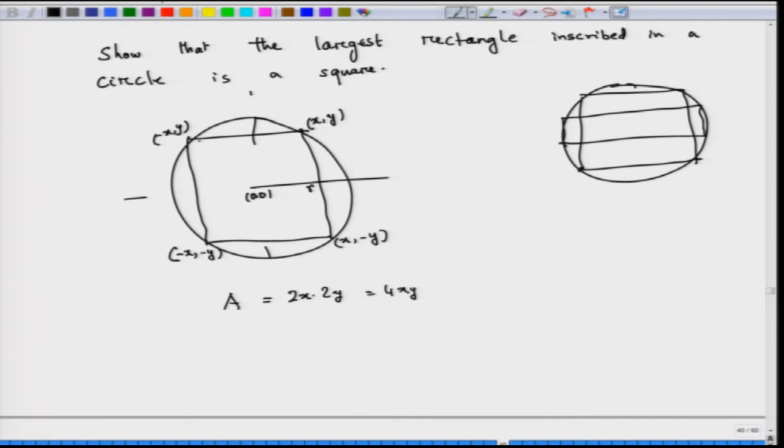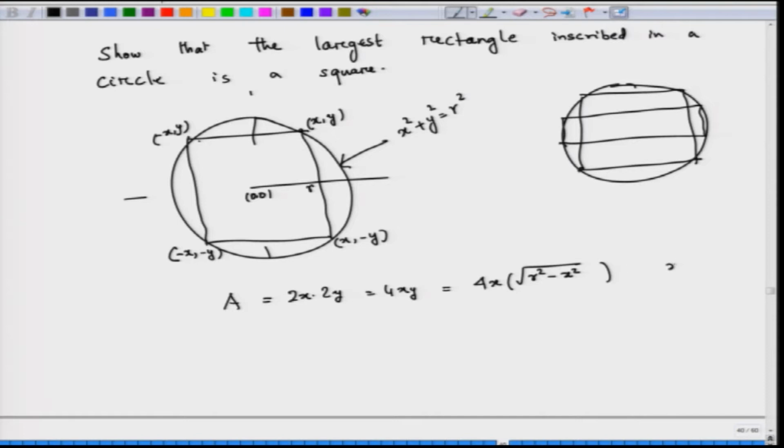Now, this point x, y is on the circle. So, x, y will satisfy the circle equation x square plus y square is equal to r square, for some positive r. So, we can write y as square root of r square minus x square.